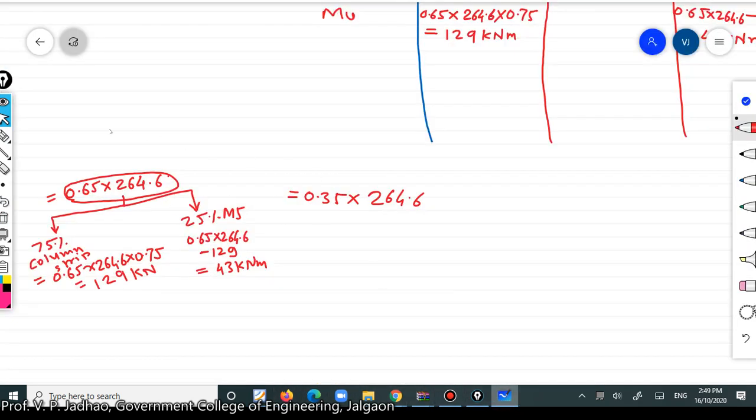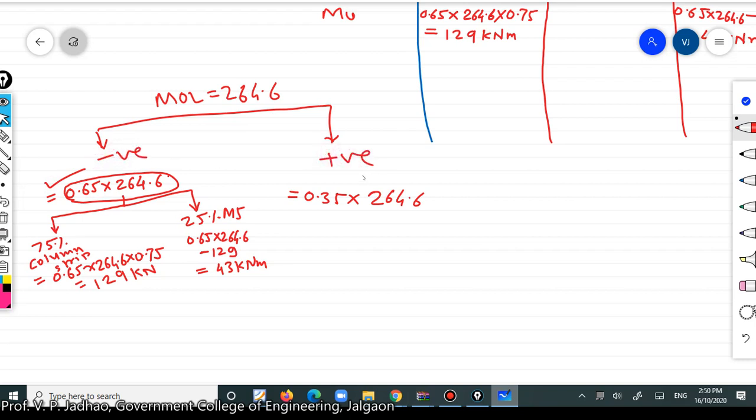This was MOL, 264.6 kilonewton meter. Out of this, 65% is distributed as negative bending moment and 35% is distributed as positive. Now out of this bending moment, whatever this value is, how much does it come to? Just calculate this value, 0.35 into 264.6.